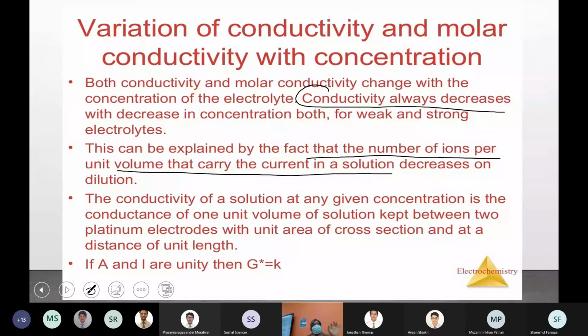In the previous definition, we used 1 centimeter square area and 1 centimeter distance between the electrodes. Either way you can define it, or you can specify 1 centimeter square or 1 centimeter distance.